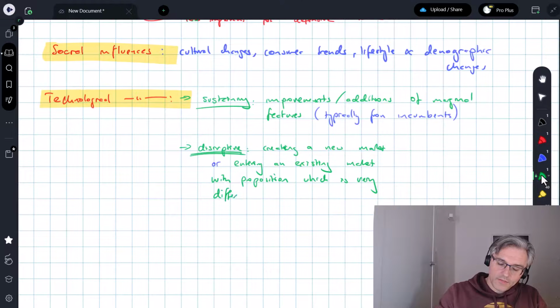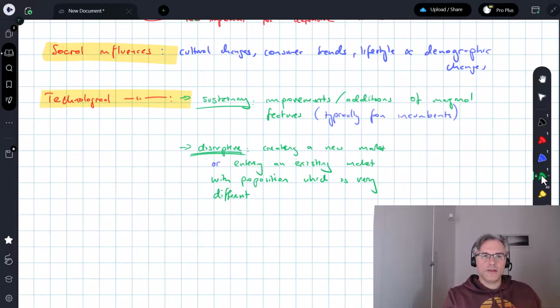Very different. And often it's so different that the existing customers of a certain sector or industry do not find this new proposition appealing because they're used to the old way of doing things. For example, when video streaming came about, it wasn't as if everybody said, yes, that's so good. It took time for video streaming to replace, largely DVDs or Blu-ray discs or whatever else.